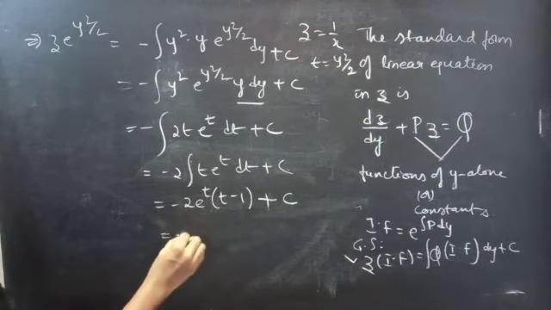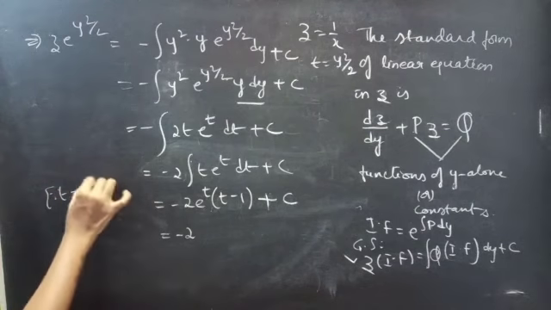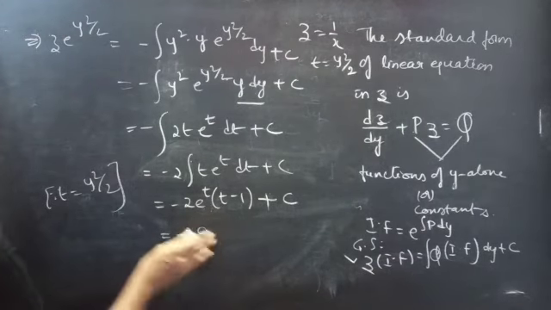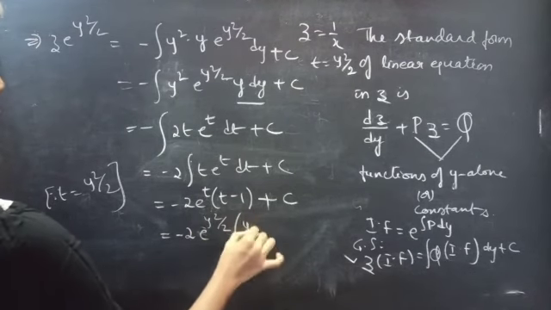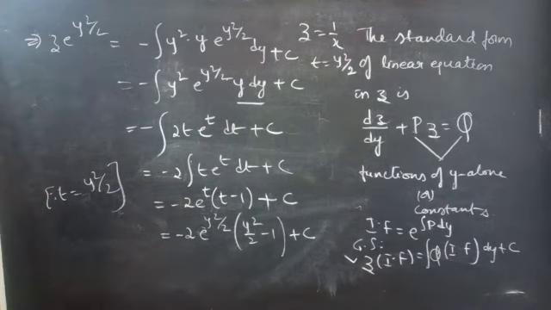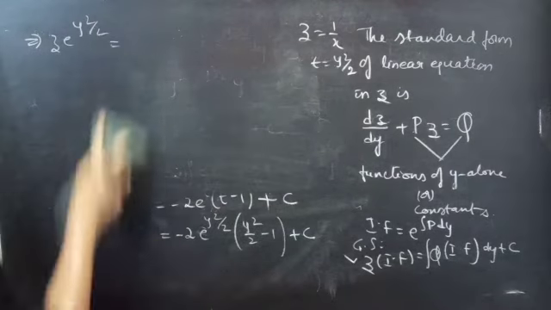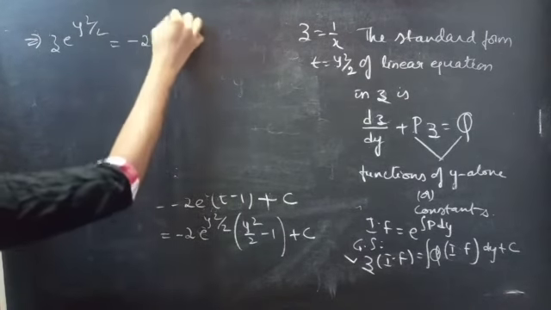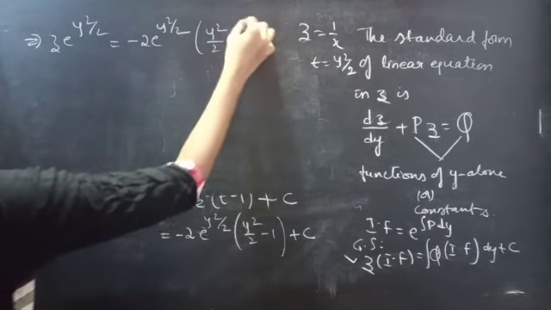Now replace t, since t equals y square by 2, then you'll get minus 2 into e power y square by 2 into y square by 2 minus 1, plus c. Now the reduced equation is minus 2 into e power y square by 2 into y square by 2 minus 1 plus c.